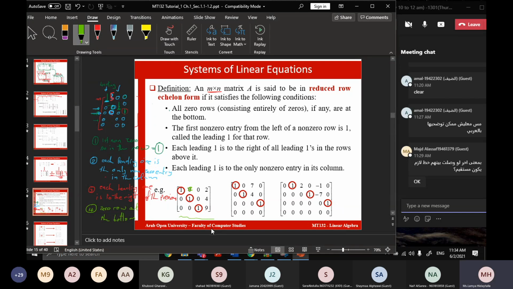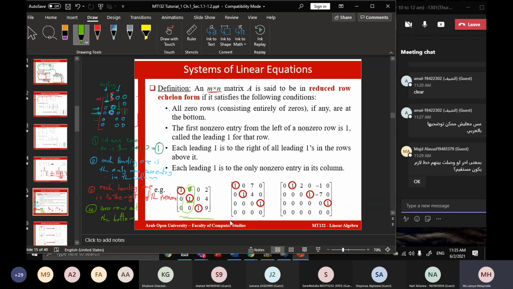If the number above has a 2 and I give you a matrix like this, is it in the reduced echelon form? No. Why? Because there is a 2 in the column of the leading one. In that column, the other entries must be zeros. So it's not. Clear?